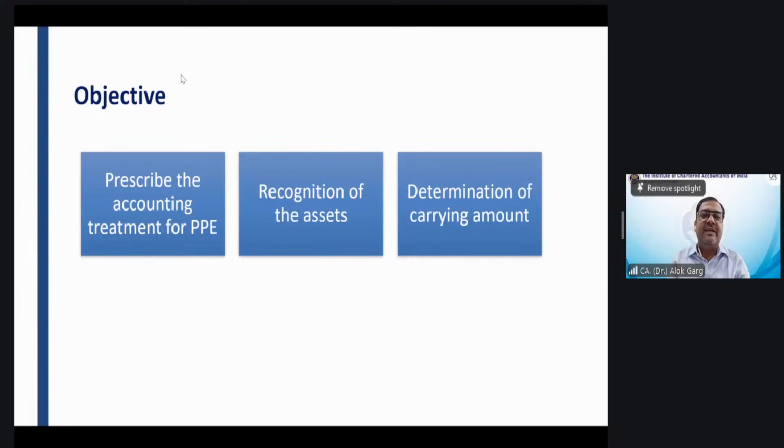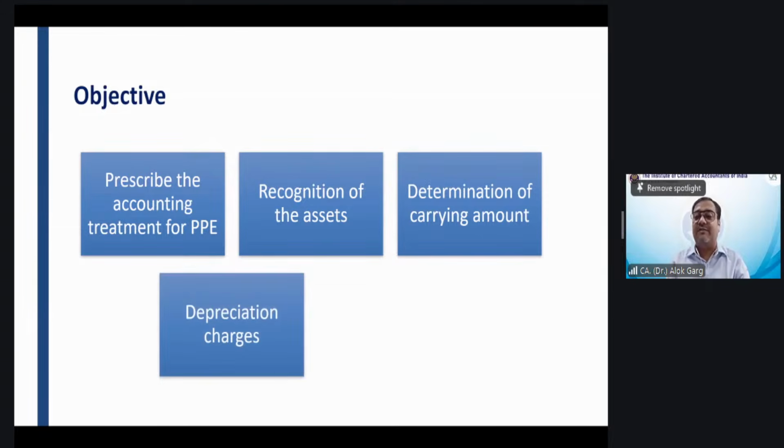So Sai Kiran is saying cost less accumulated depreciation. Sai Kiran, you are partially right. But why are you not fully right? Cost less accumulated depreciation, less accumulated impairment losses. This is the complete formula. Yes, Saminathan, you are absolutely right. So this standard gives you a formula for determination of carrying amount.